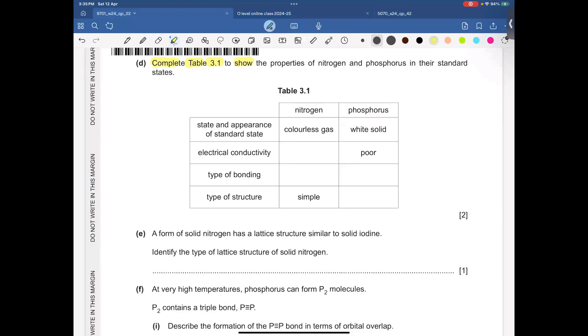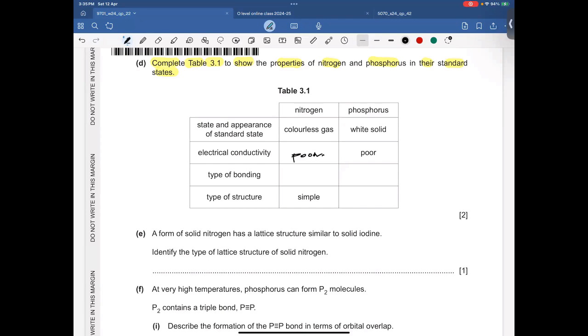Complete table 3.1 to show the properties of nitrogen and phosphorus in their standard state. Nitrogen is a colorless gas. Electrical conductivity is very poor, in fact, it can't conduct electricity because of the absence of free mobile electrons.